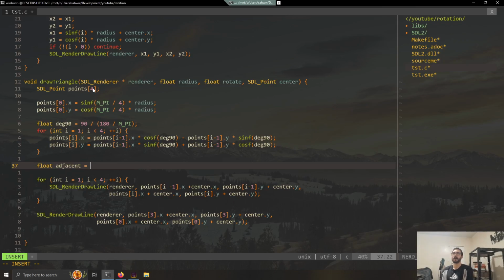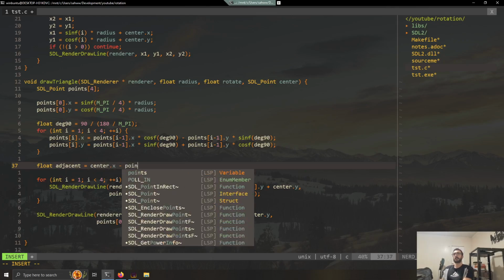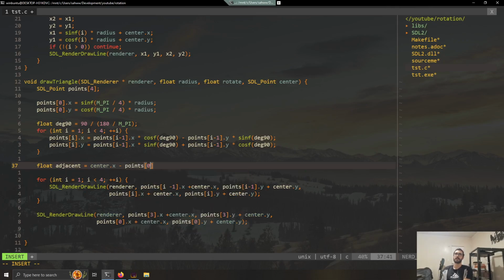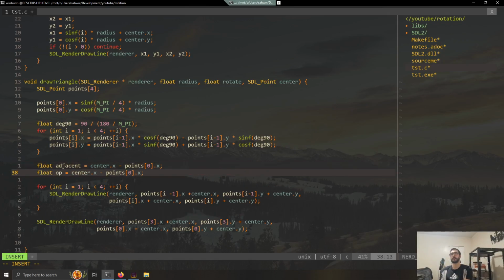We have the center point right there. Center minus point 0 dot x. And we only really need to find this for 1 point because the angle is going to be the same for all the points. We could find the angle for each point, but we don't need to, so we're not going to. Just more work.